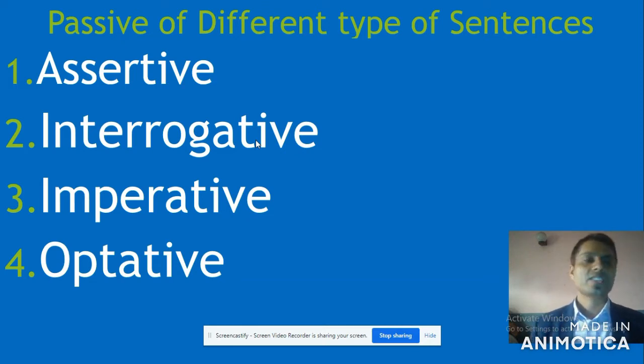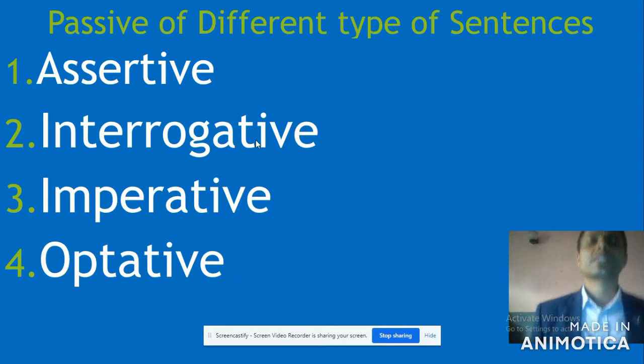So today is a little bit more advanced: assertive, interrogative, imperative, and optative. Got it? You have to identify the type of the sentence first, and whatever you learned in the previous class regarding the group of the sentence.